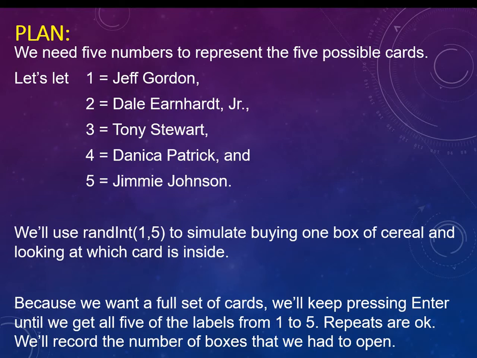Even if it's just the string that showed up, I don't really need the third number, just the first. This is telling me I'm using random integers from 1 through 5. I don't care how many times you had it pull out for you. Again, we're going to keep going until we get all 5 of the labels. Repeats are okay. Recording the number of boxes you had to open. Context, context.